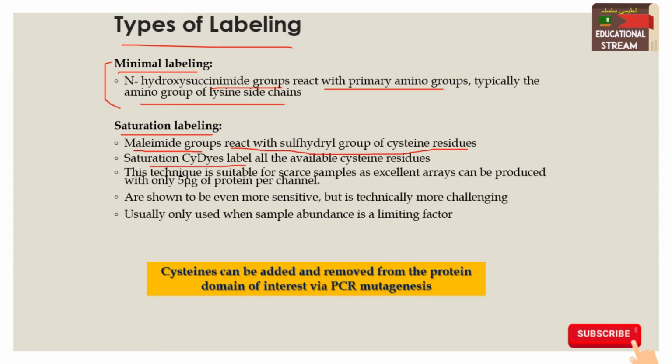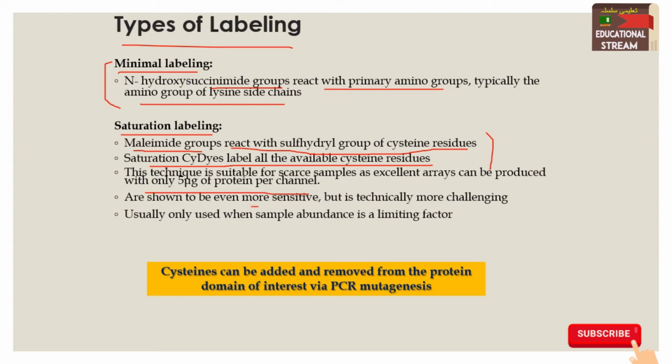Saturation Cy dyes label all the available cysteine residues. This technique is suitable for scarce samples as excellent arrays can be produced with only 5 microgram of protein per channel. That is, if the protein concentration is very low and we have very little sample, it can give us results with only 5 microgram of protein per channel.